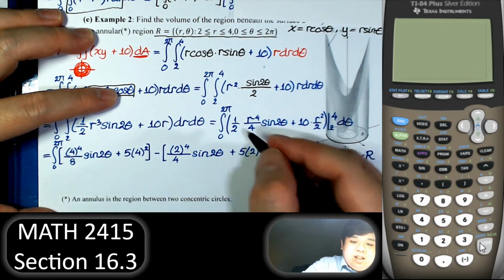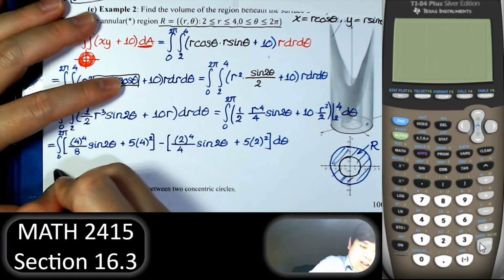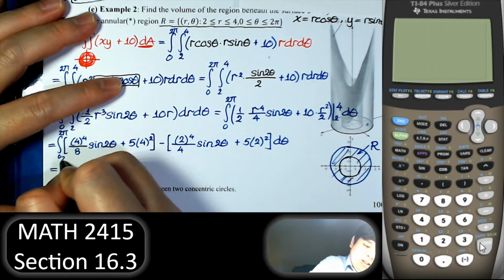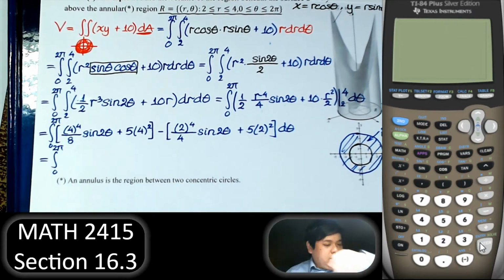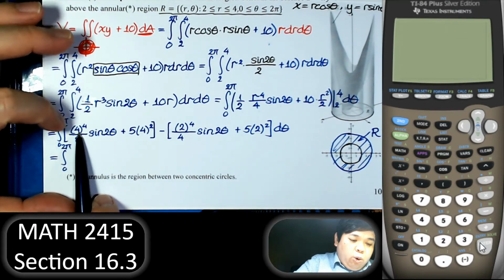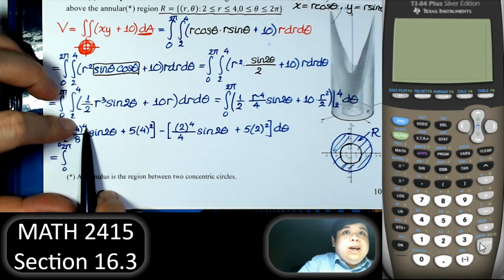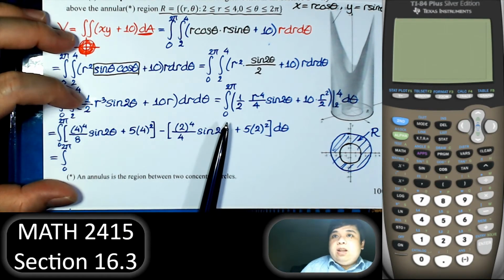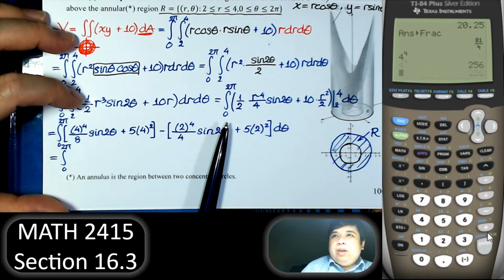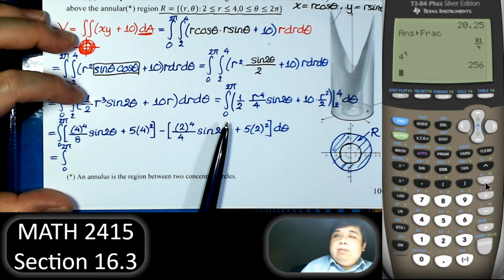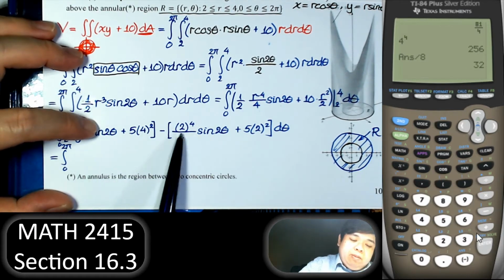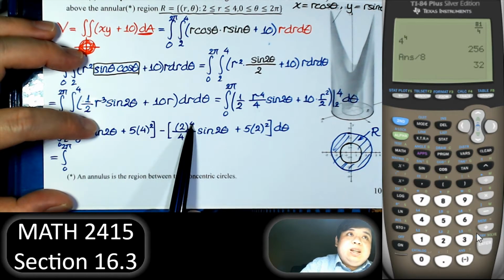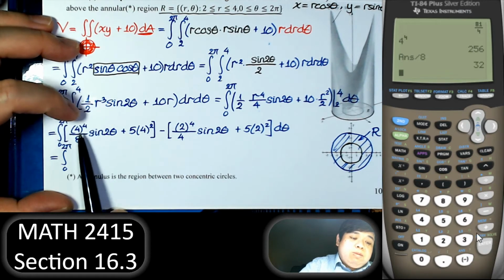Right, so that is inside d theta. 4 to the 4th is 256, I believe. Yep, divided by 8, 32. And 2 to the 4th is 16 over 8, which is 2.